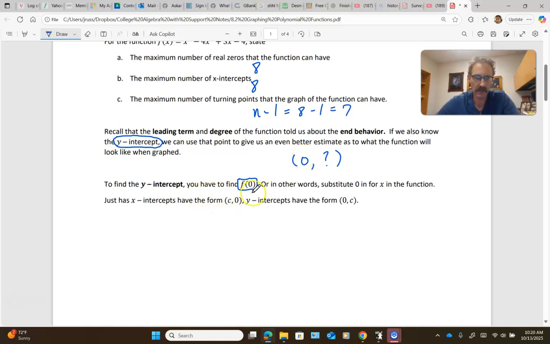And just as I've written here, your y-intercept is going to have this form. Okay. Now, don't confuse this with your x-intercepts. They have this form, right? Because for a point to be on the x-axis, the y-coordinate has to be 0. All right.